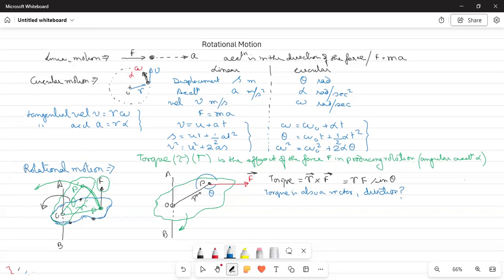That means if the component vectors are in the x-axis and y-axis, then the direction of the cross product is in the z-axis, either in plus z direction or in minus z direction. Similarly, if the two vectors that you are multiplying are in the z-axis and y-axis, the cross product will be in the x-axis.